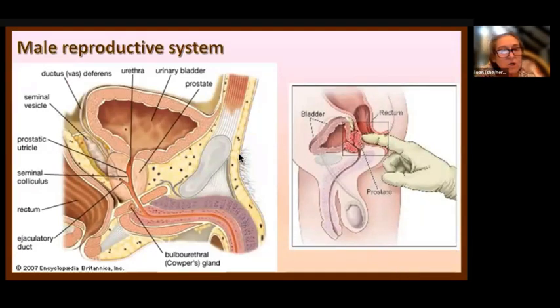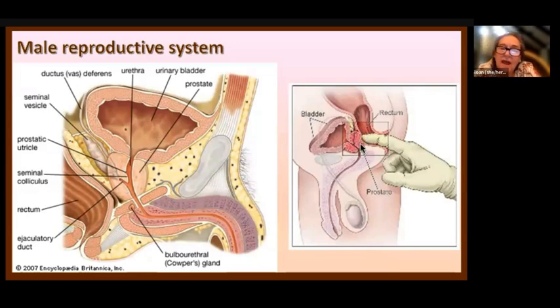So this is another side view of the male reproductive organs. Again, here is the bladder. Right down here, this is the penis, and the back here is the rectum. So the front is up here.